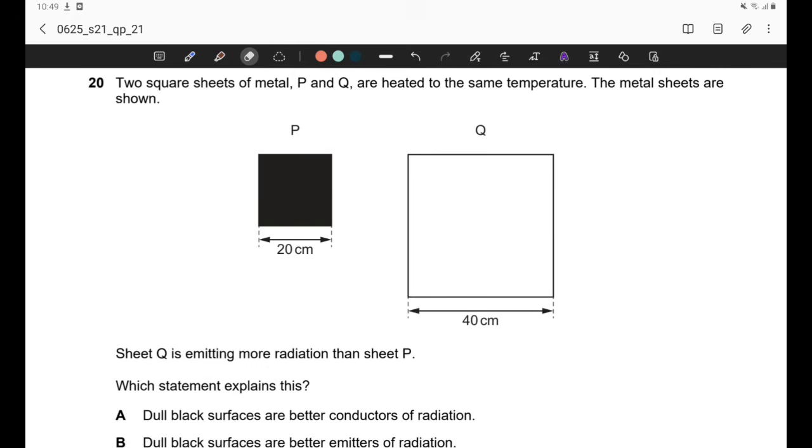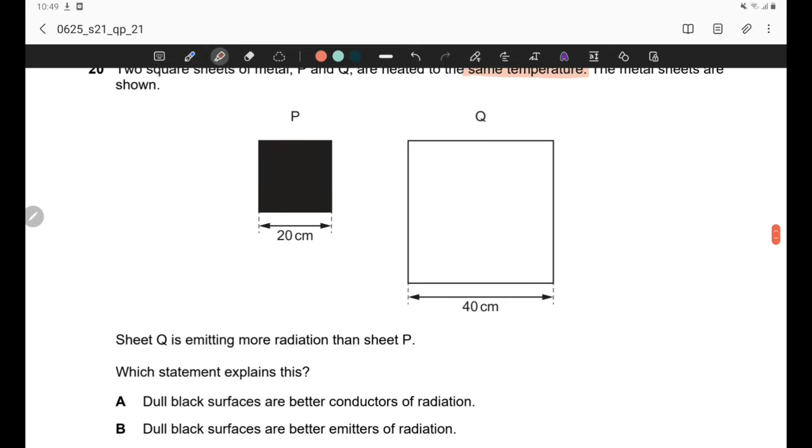Question 20. Two square sheets of metal P and Q are heated to the same temperature. The metal sheets are shown. Sheet Q is emitting more radiation than sheet P. Which statement explains this? The important point given in the question is sheet Q emitting more radiation than sheet P, so here we have to think about the emission.